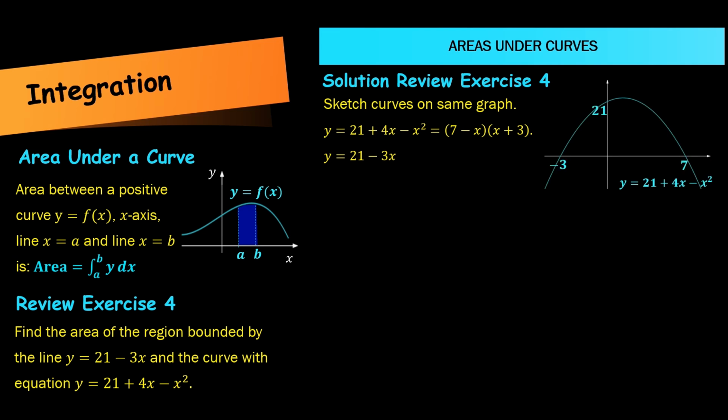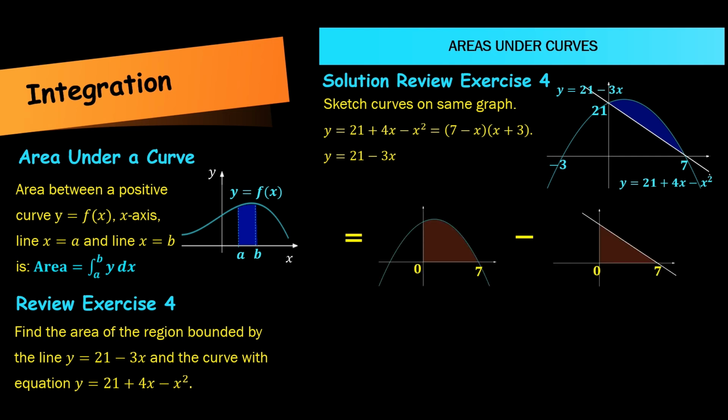Here we have the points of intersection with the x and y axes. And here's the line y equals 21 minus 3x. And the region we're looking for is this shaded region here in yellow. This is equal to the area under the quadratic minus the area under the straight line.